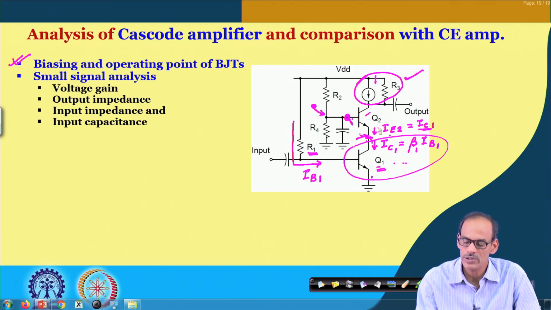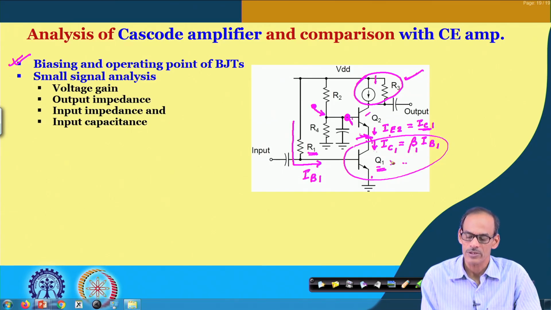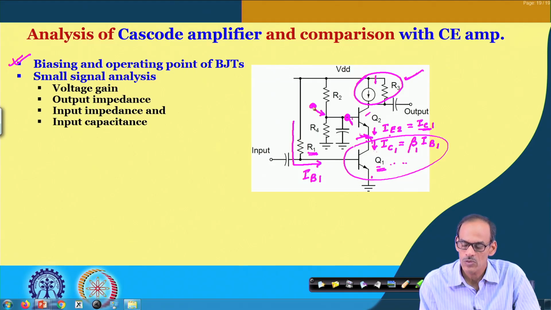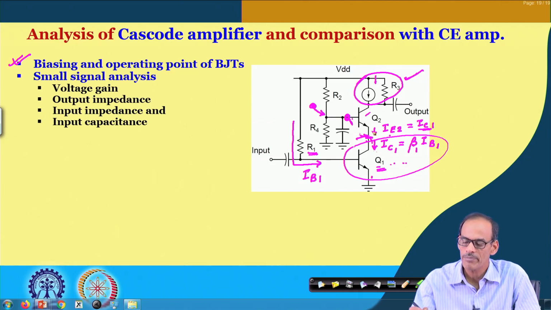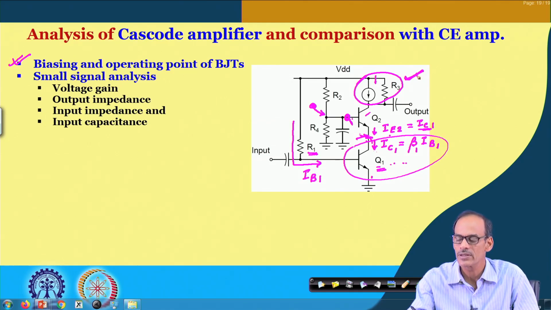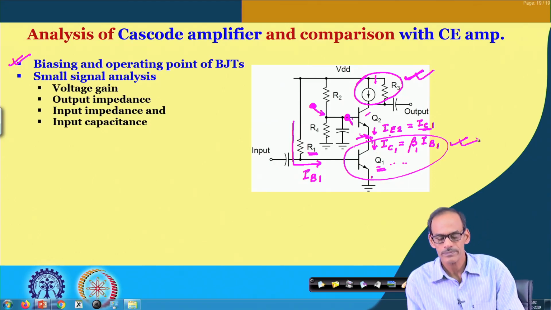Both the transistors, particularly Q1, will be in the active region of operation. Maintaining this voltage to ensure consistent operation of the circuit is not so difficult, so typically that is not the main concern. The main concern, as I said, is matching this current with this current.